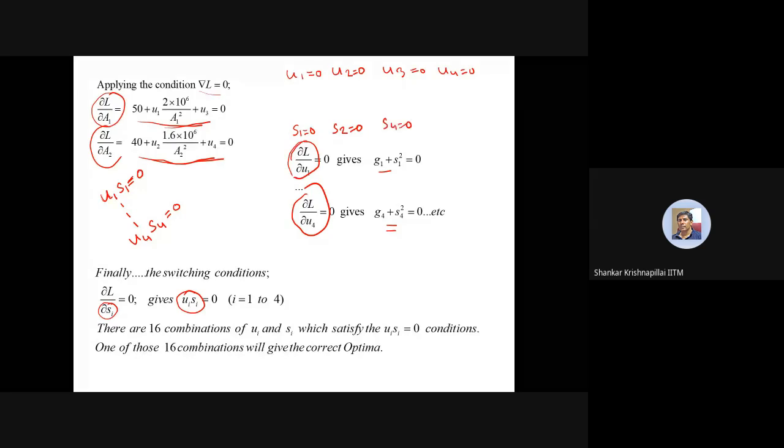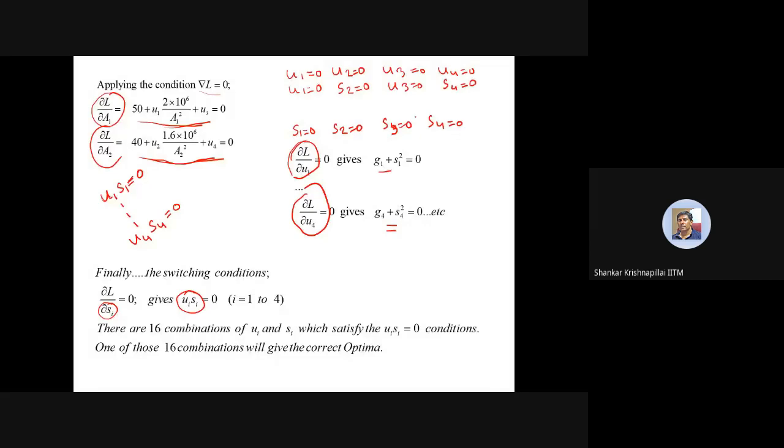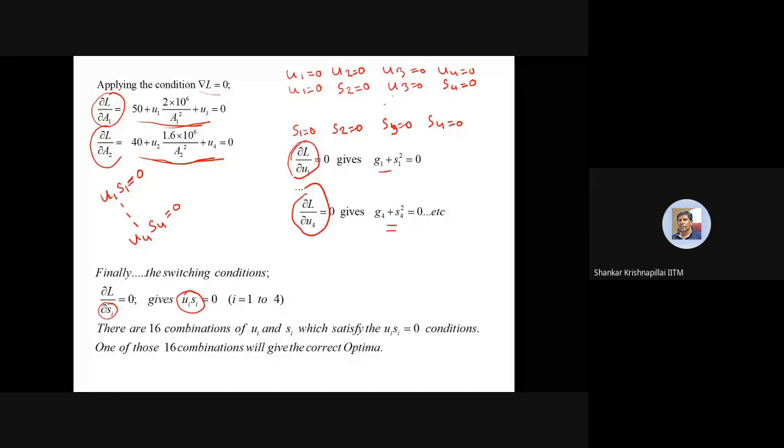This is the last one. So in between, you will have other combinations like U1 is equal to 0, that is, the first constraint is inactive. The second constraint is active, the third constraint is inactive, then the fourth constraint is active. So all these intermediate conditions are there. So this will give 16 combinations.